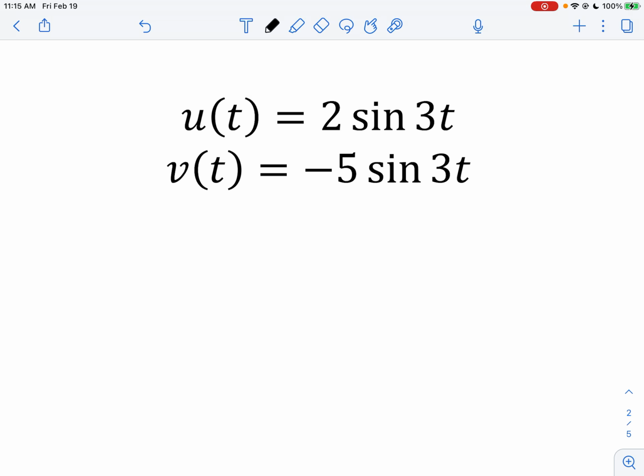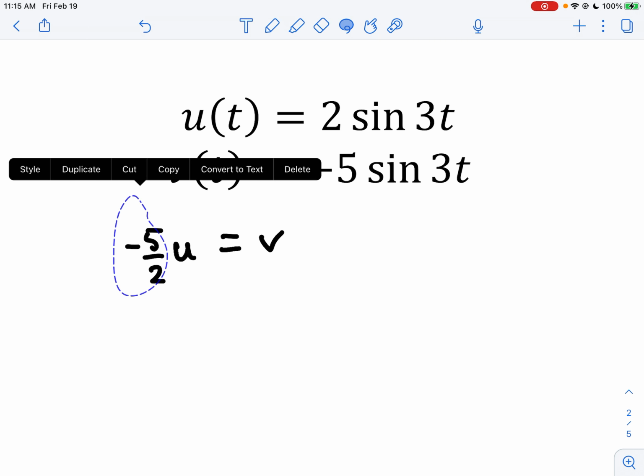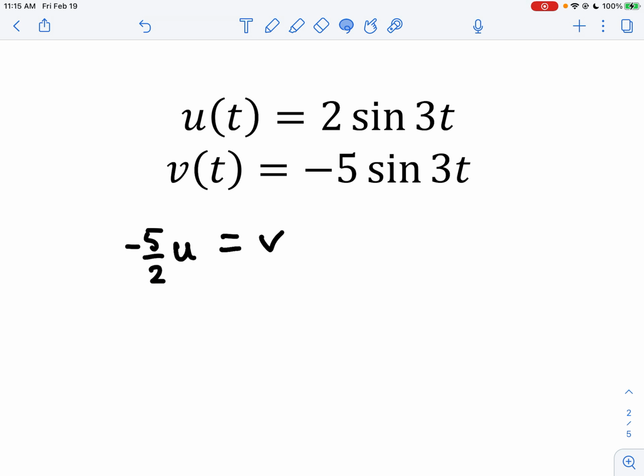And in this case, you can certainly see that if you were to take the function u and multiply it by negative 5 halves, it would equal the v function. I'll leave that to verify. If you do negative 5 halves and multiply it by 2, you're going to get negative 5t sine of 3t, which is what the v function is.